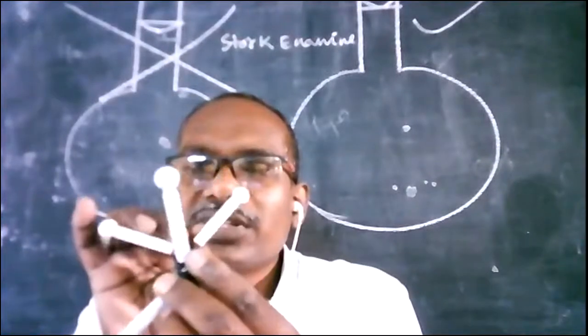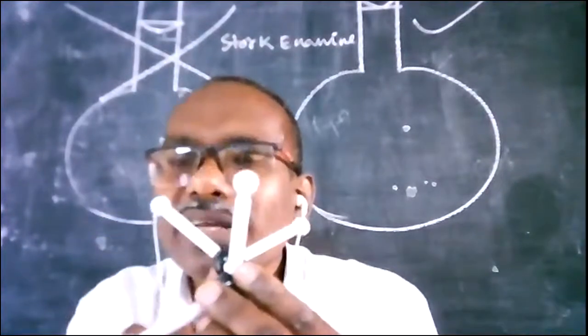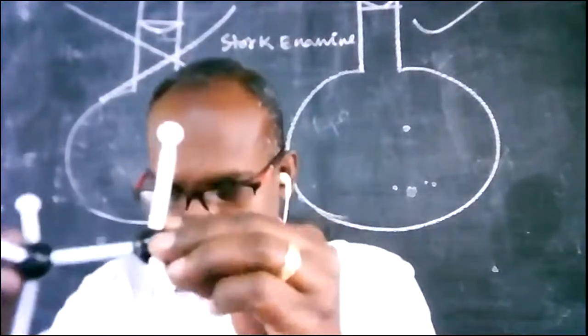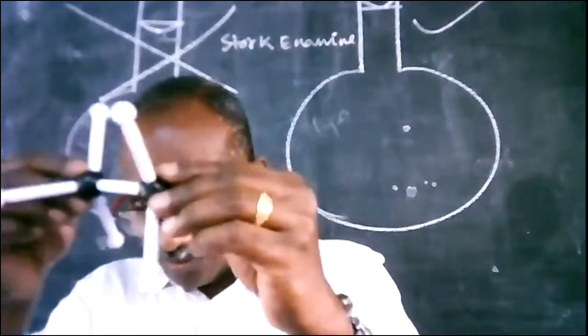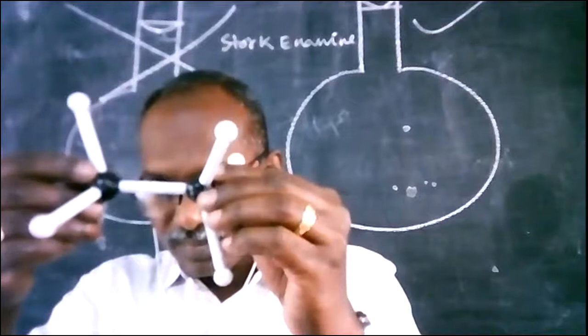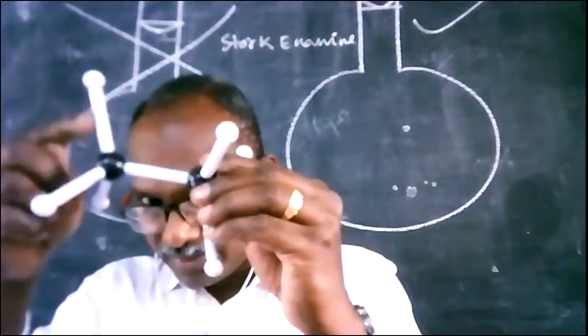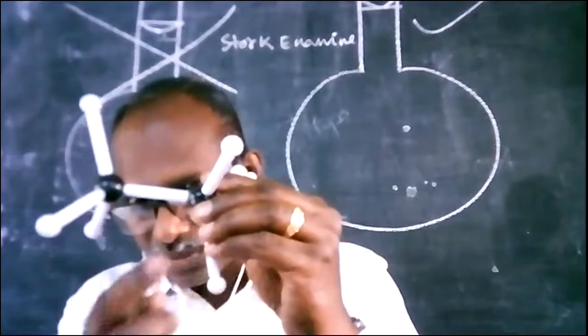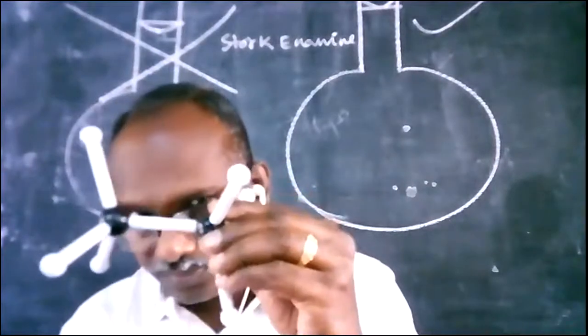When I rotate it for 60 degree, I am not getting the identical configuration because, watch now, look here. I don't know how far you are able to visualize this one. See, this is straight up, whereas this is slightly inclined towards me and this is inclined towards you.